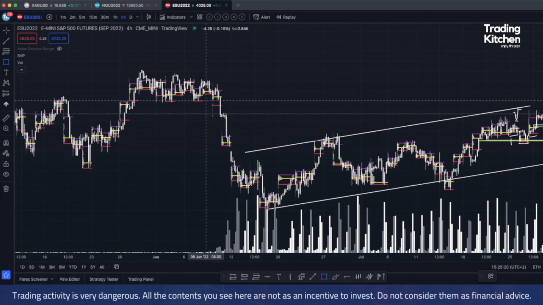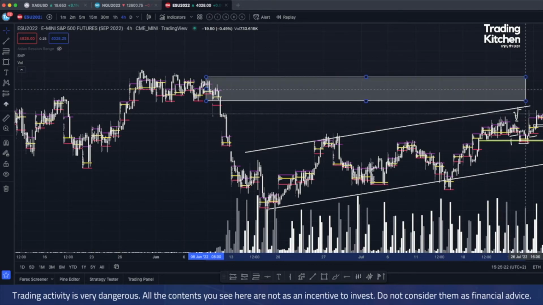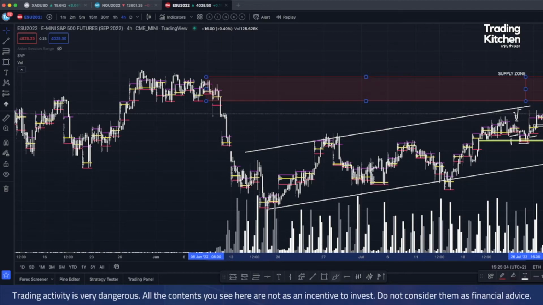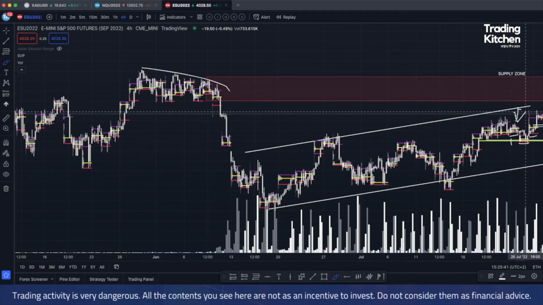Until here. Why until here? For the same reason I told you before. Here there is a supply zone, and here we have a lot of liquidity. Okay, so price will go up until here. Then who knows? Obviously. Anyway, let's go back to the 50-minute time frame.